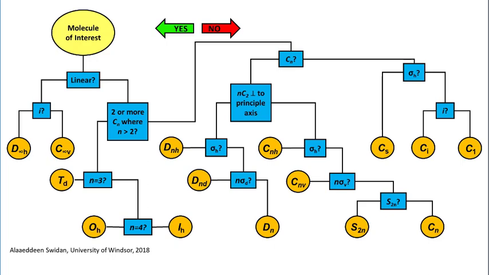Now, in future tutorials, you'll see that figuring out the point group assignment is important, because we will be dealing with what we call character tables, and from those we will get an insight about the bonding nature of the compound, as well as different vibration modes within that compound.